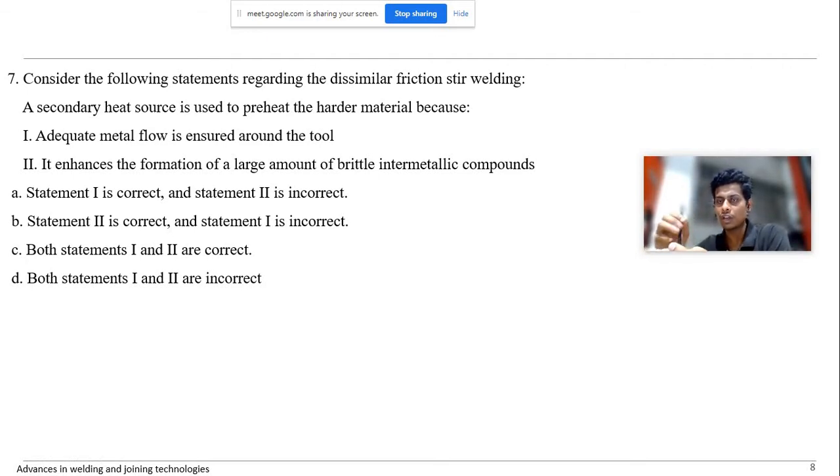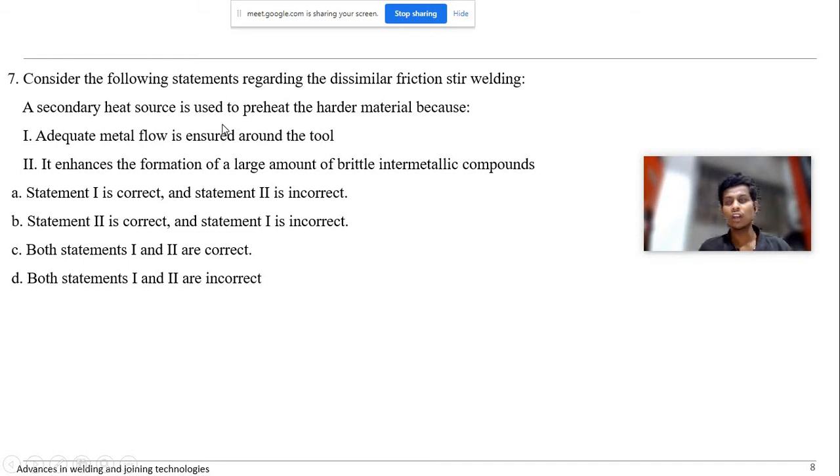The tool will be rotating and moving, and because of the frictional force, heat will be generated, which is used for joining the metal. But as discussed in class, it was basically invented for softer metals like aluminum, and later they started using it for hard materials.